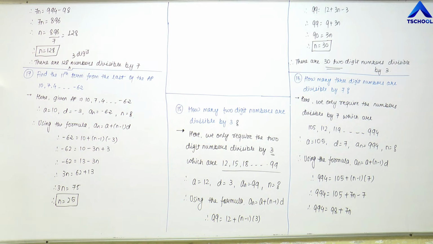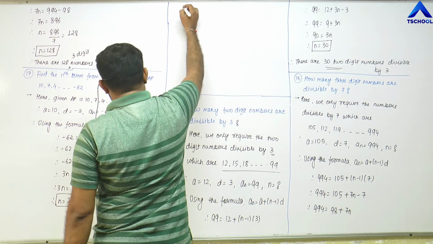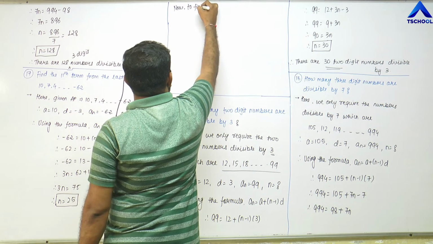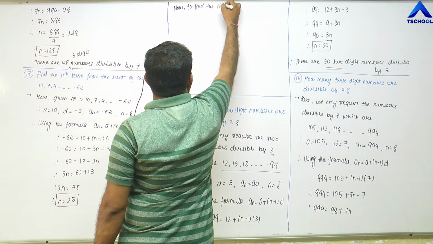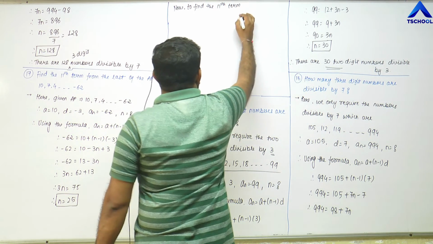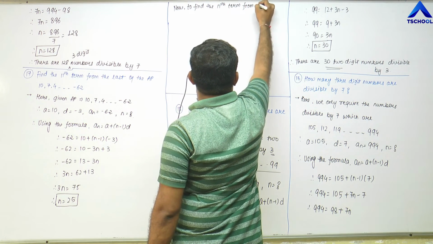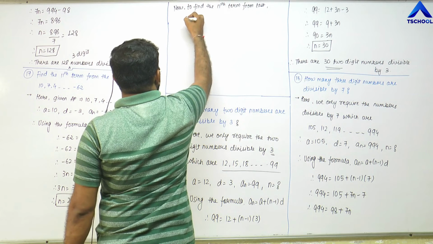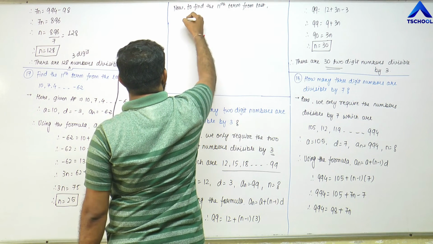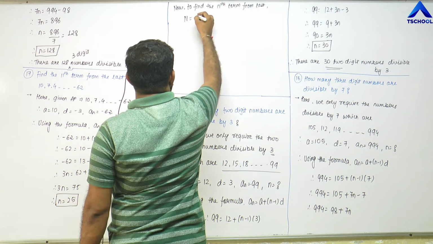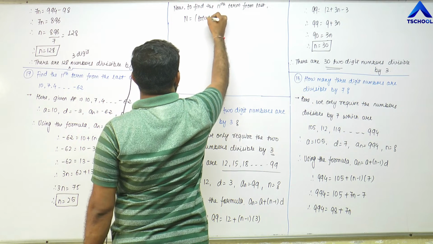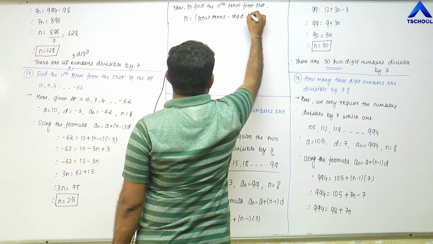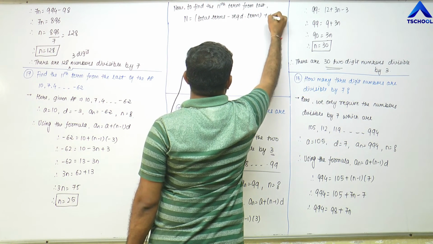Now to find the 11th term from the last, new n equals total terms minus required term plus 1.